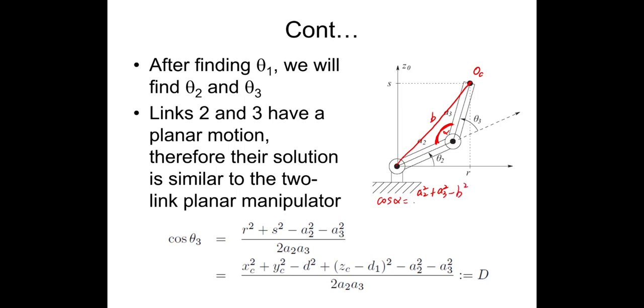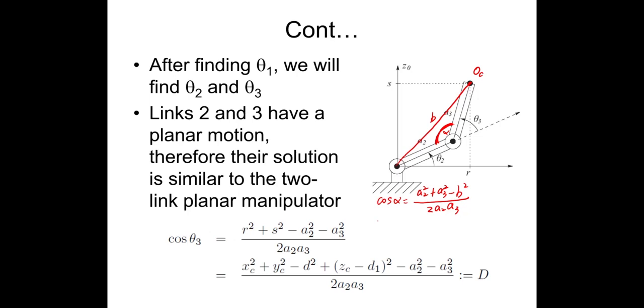This is the triangle rule, right? And over 2 A2 A3. Okay, so this is always true for whatever triangle. So cosine alpha equals A2 square plus A3 square minus B square, over 2 times A2 A3.